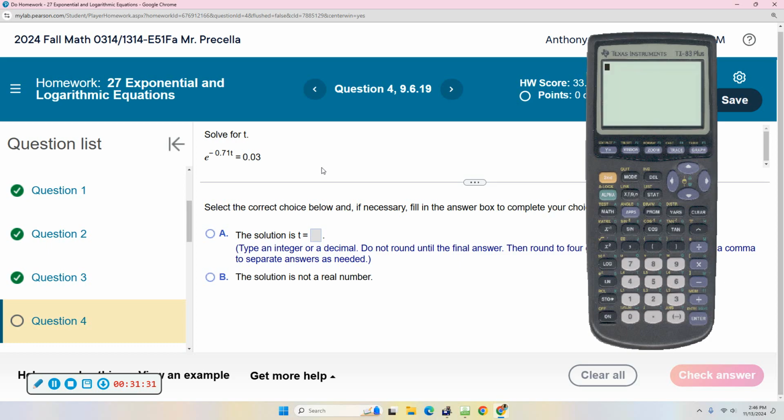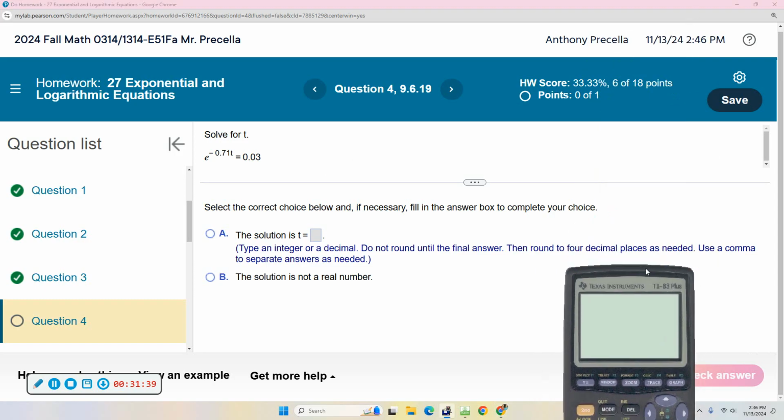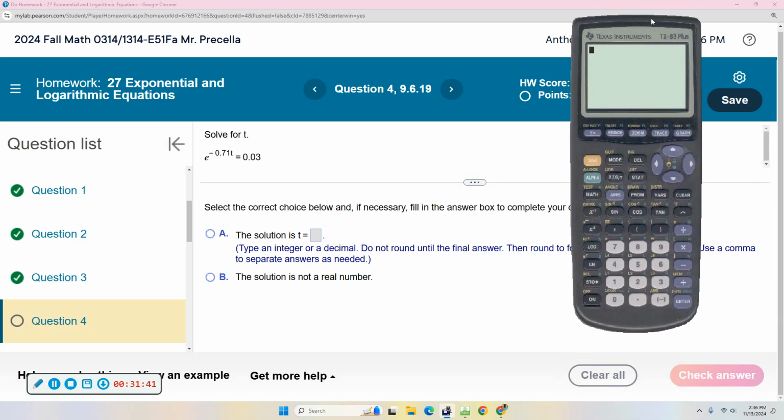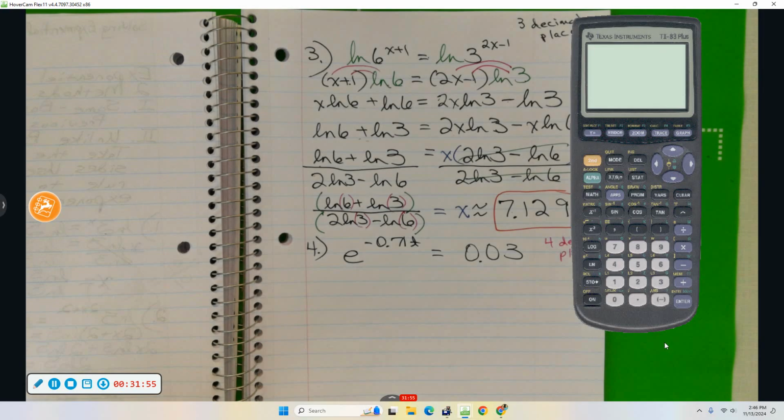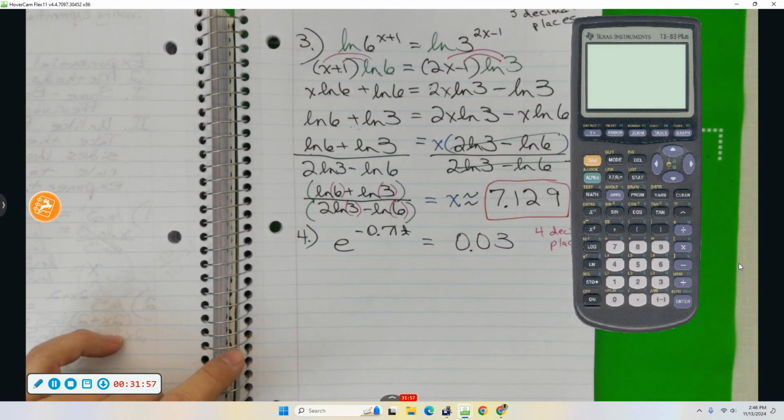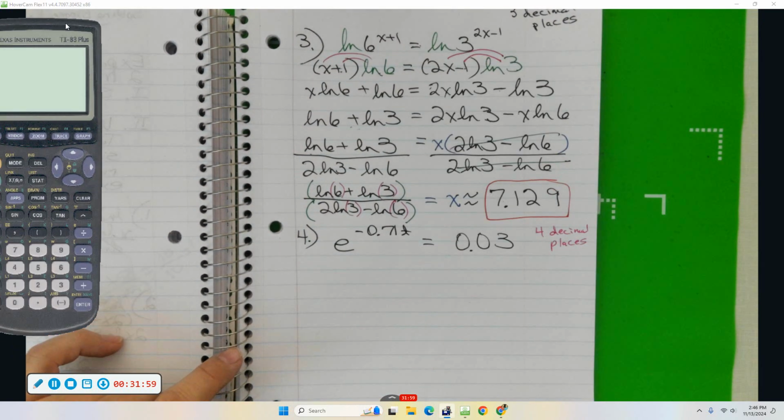And they want it rounded to 4 decimal places. They say to round to 4 decimal places, and I'm going to make a note of this so I don't forget. 4 decimal places. And make sure I didn't miscopy. I didn't. So there. Let's move that calculator out of the way.